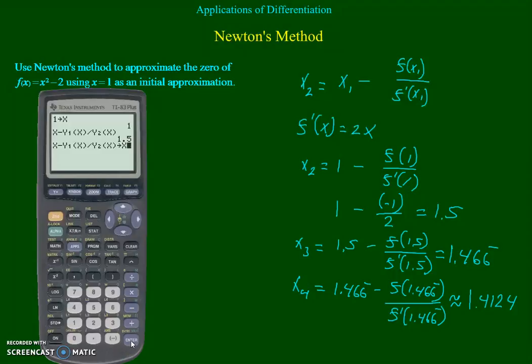I hit enter again, and now our new approximation has been stored in our x variable. Now all I need to do is recall the previous expression, hit enter, and I've got my second iteration. Do it again, and now I have my third. And you can continue this process until you see your decimals don't change to the desired precision.